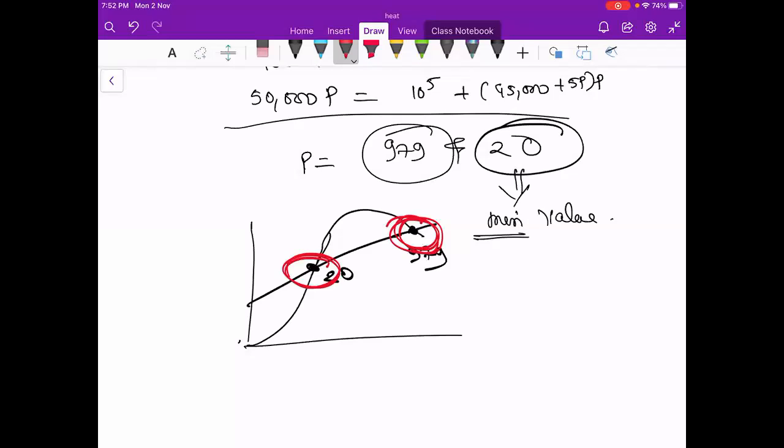I told 20 and 979. The significance is that you are getting two points. At these two points, you will be getting an optimization point. But we always need the least point, because after the optimization point we have a profit. So this is just a mathematical limitation.